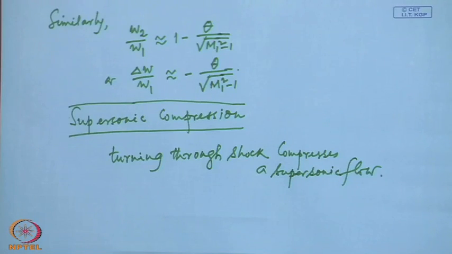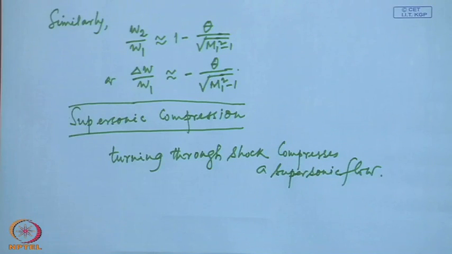Similarly, how much will be the density and temperature rise? All these can be found out by the shock or oblique shock relations, and also we can determine how much is the entropy rise across this oblique shock or compression due to turning.